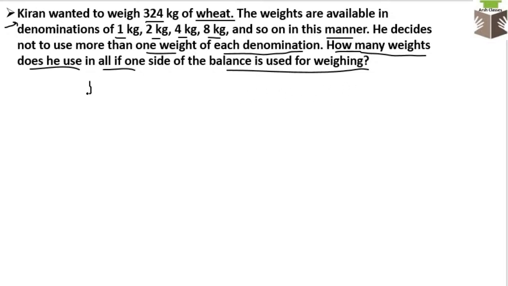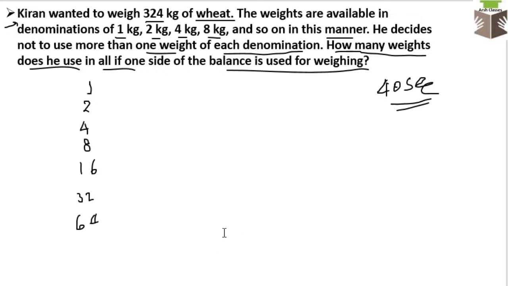The concept given here is she can use 1 kg, 2, 4, 8, that means powers of 2, this is 16, next will be 32, next will be 64, and so on. So just tell me how many weights she uses. I'm giving you 40 seconds of time, and I guess this much is sufficient to answer this question because everything I have explained here, guys.